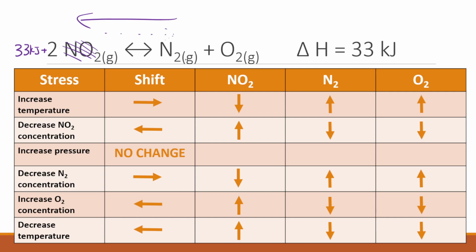Not because I made it faster, but because I slowed down the forward reaction. I'm going to shift to the left. I'm going to make more NO2 because I'm making it faster than it breaks down. I'm going to decrease the concentration of N2 and O2 because I am using them up to make more NO2 faster than they are produced.